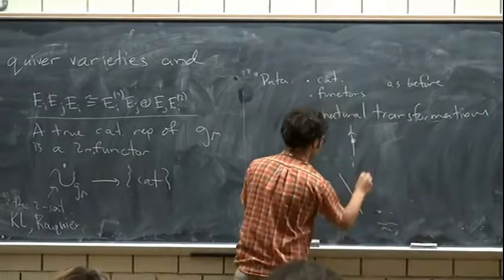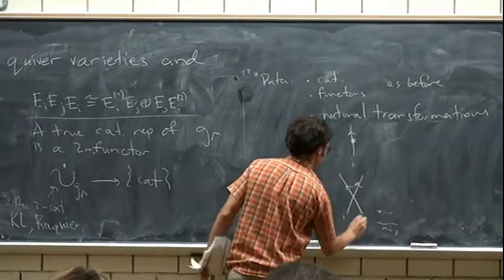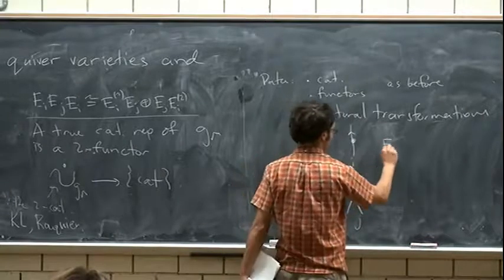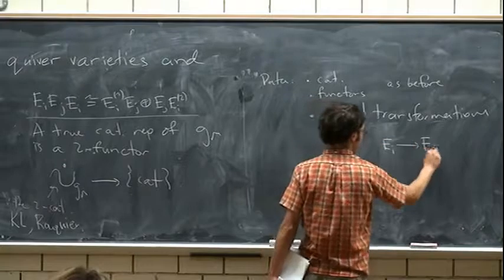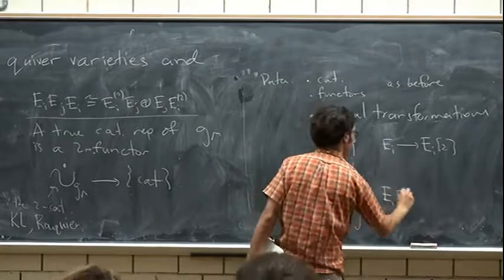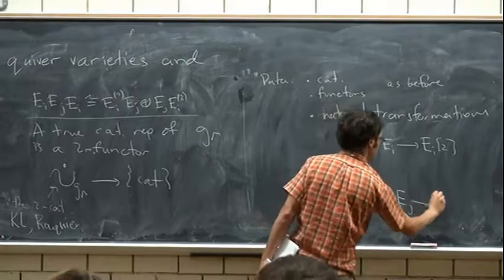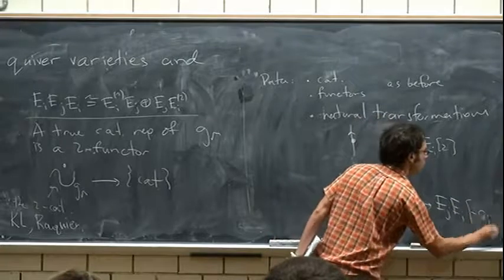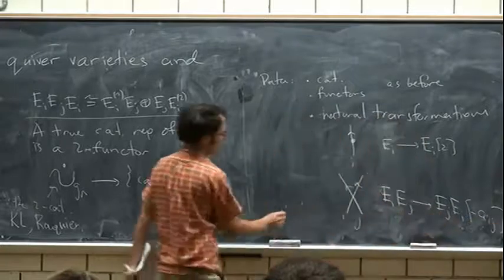So if you remember from the previous talk, this will end up being a natural transformation like this, and this will end up being a natural transformation like this. And then some other natural transformations.